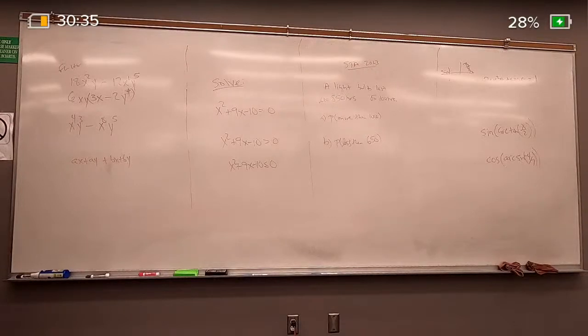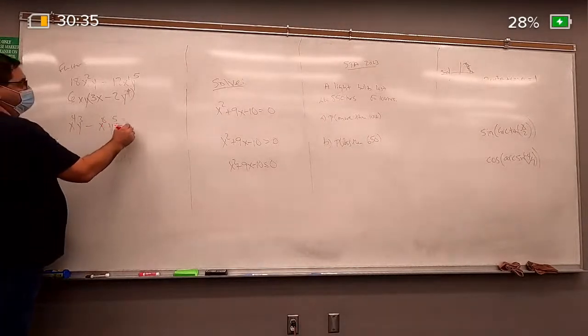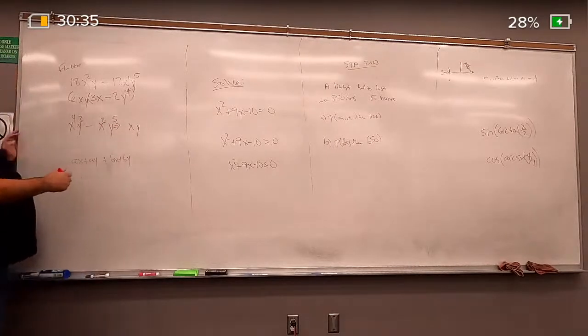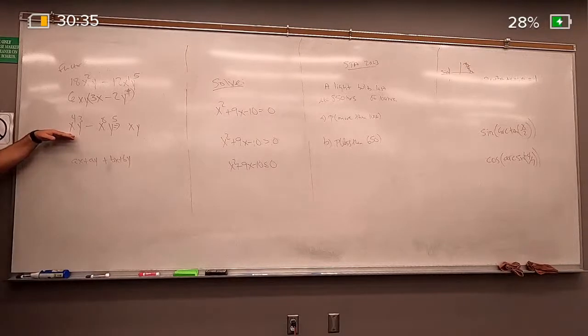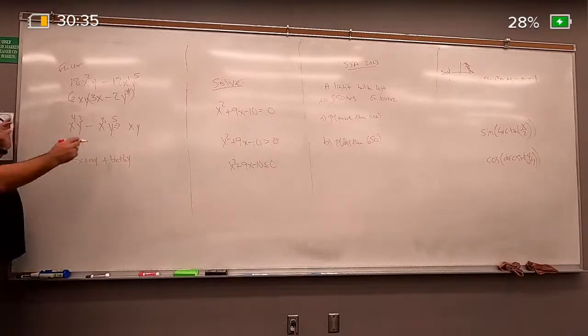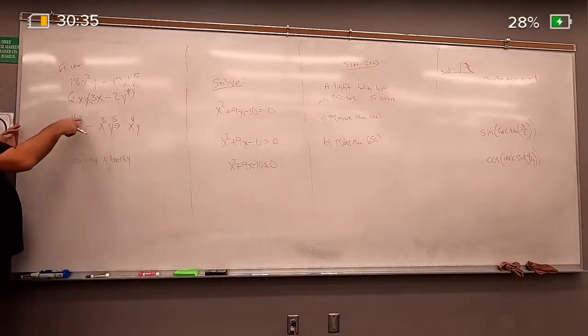Next one. What's common to both? X and y. But what exponents do we choose? Choose the smallest one. So you have a 4, you have an 8. So which one are you going to choose? The 4? You have a 3, you have a 5.